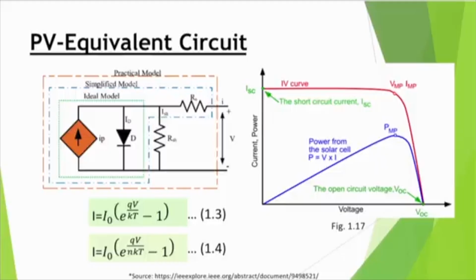The current flowing into the network is given as I = I0 (e^(qV/kT) - 1), and it can also be represented as I = I0 (e^(qV/nkT) - 1). Equations 1.3 and 1.4 and the characteristics shown in figure 1.17 represent the mathematical equation in the form of a graph.